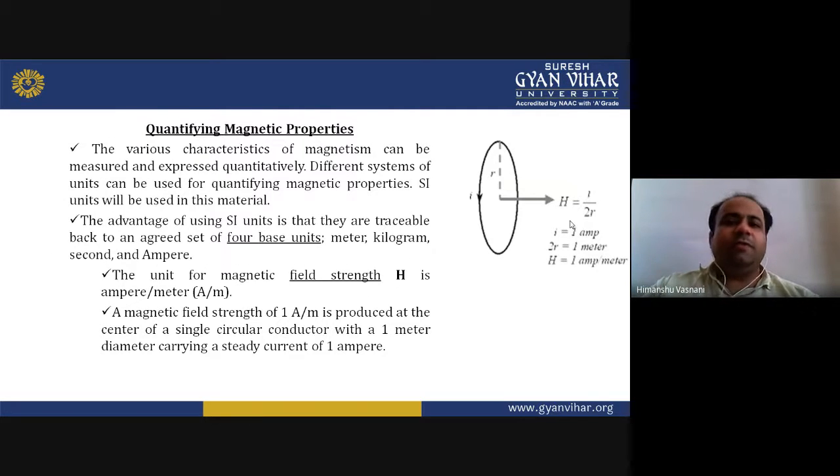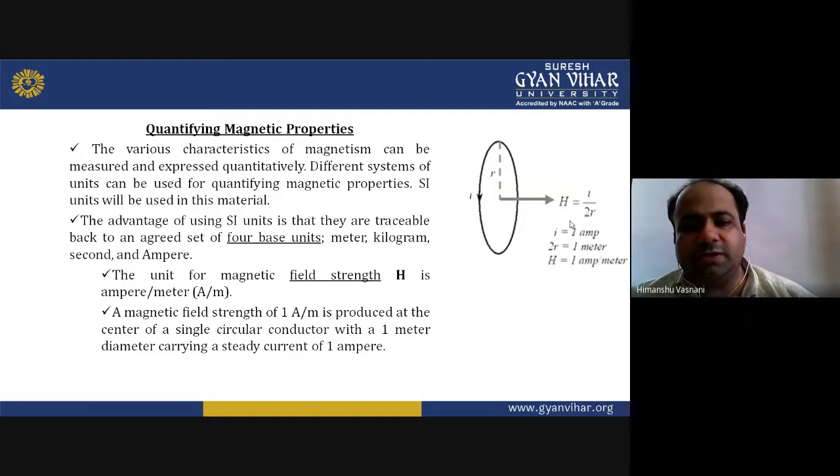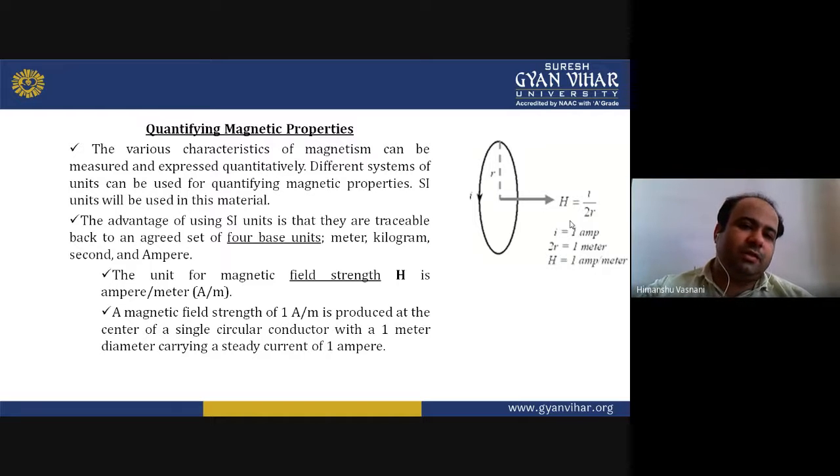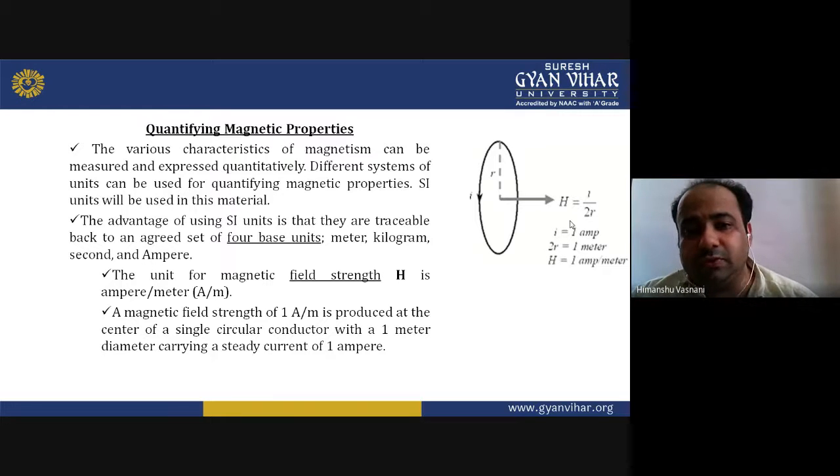Now, quantifying magnetic properties. We are discussing some magnetic properties. The various characteristics of magnetism can be measured and expressed quantitatively. Different systems of units can be used for quantifying magnetic properties, and SI units will be used in this material.